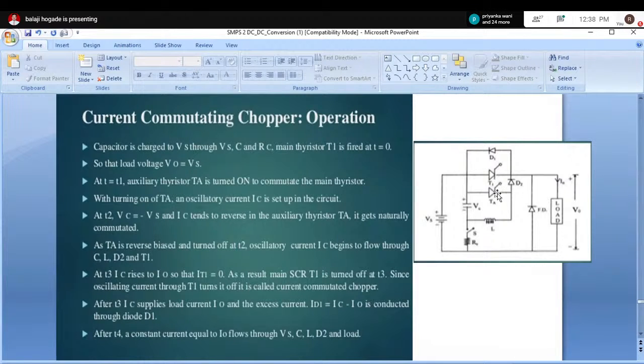The difference between the load current and the capacitor current is flowing through the diode D1. After T4, a constant current equal to I0 flows through Vs, C, L, D2 and load.